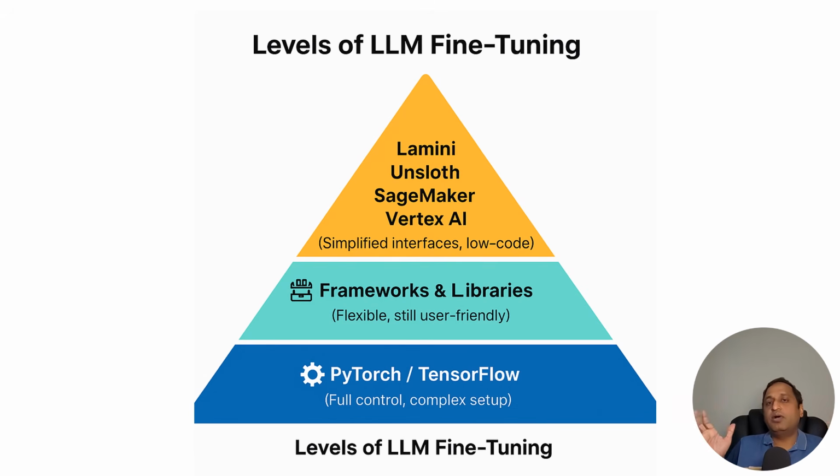You have a model, you know how to build your instruction dataset. Now I give it to Lamini, or maybe you can use SageMaker JumpStart, all these tools which will help you fine tune an existing model easily without having to invest so much time and effort. Of course, they are not as flexible as PyTorch or other frameworks, but they are very fast and easy to get started with.